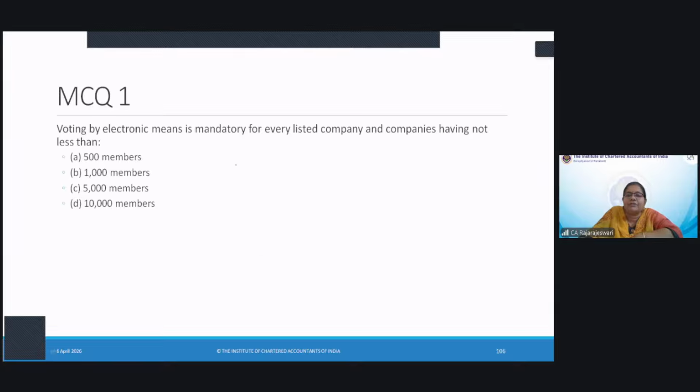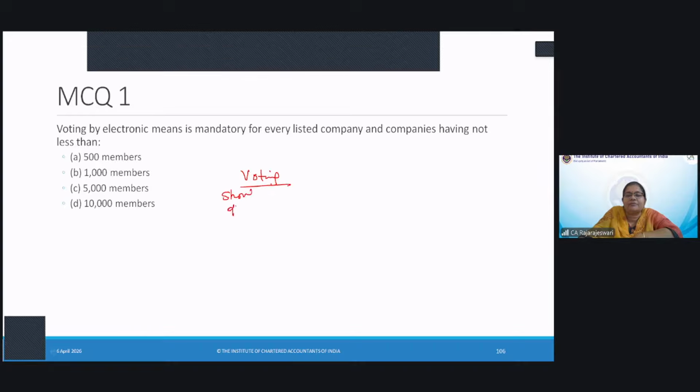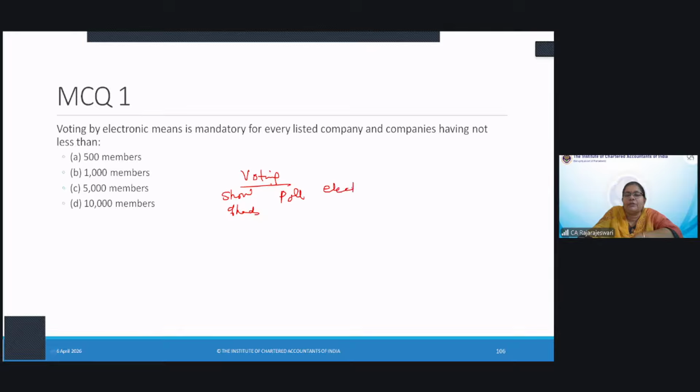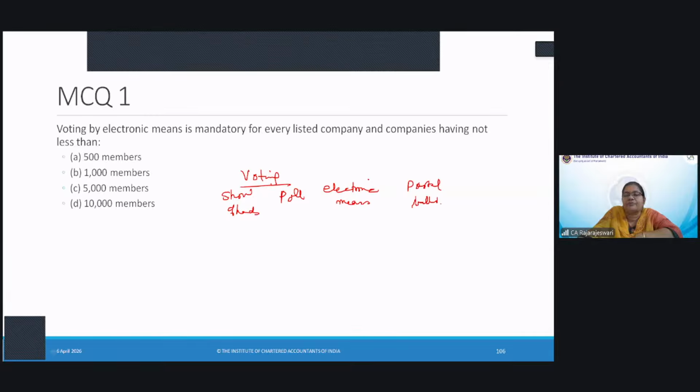You have voting by show of hands, voting by poll, voting by electronic means, and voting by postal ballot. These are the different types of voting. Now he is asking about electronic means.